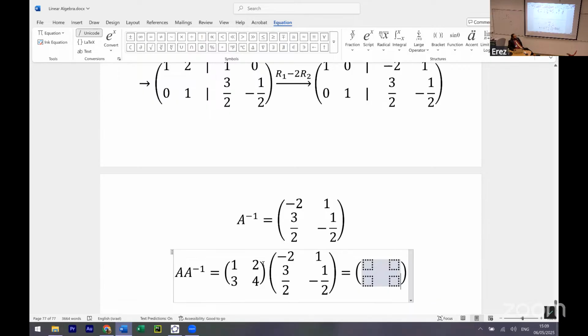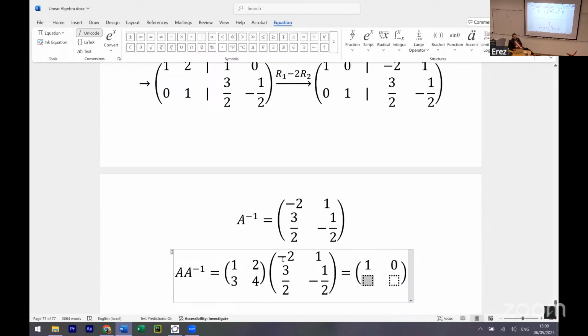Okay, so 1 times -2 is -2 plus 3. Who would believe that, OMG, 1? 1 times 1 plus 2 times -half is 0.